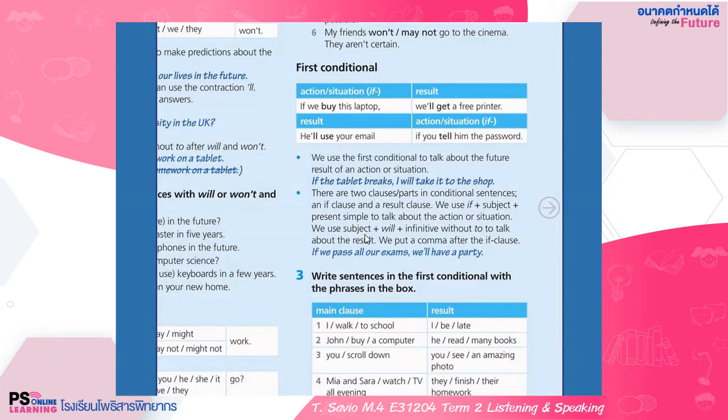We use the subject plus will and infinitive without to to talk about the result. So we don't use to when we use this type of sentence. For example, if we pass all our exams, we will have a party.